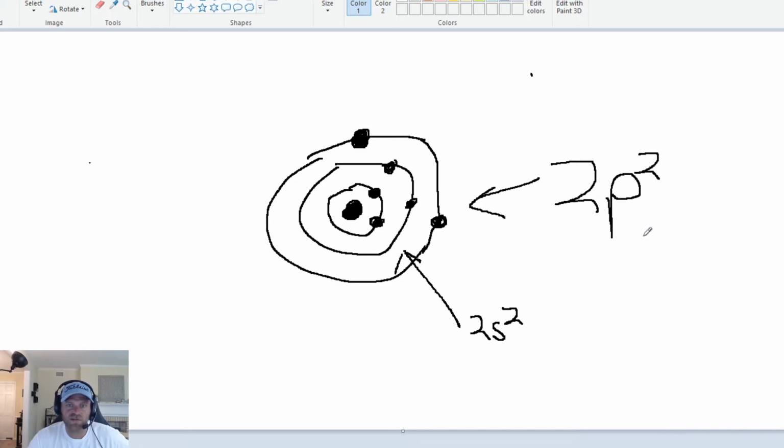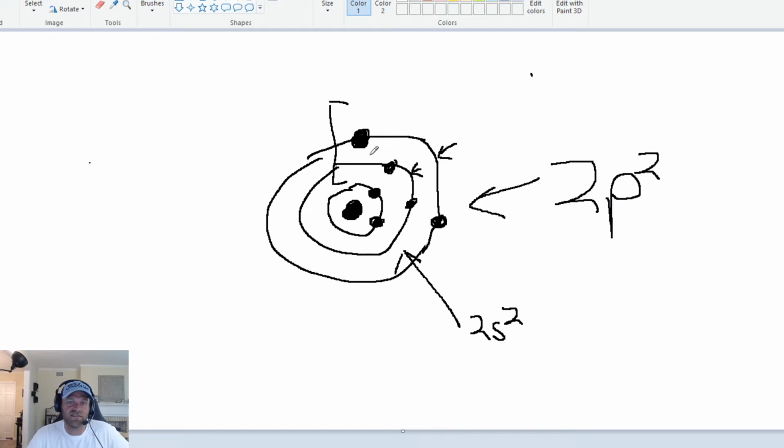2 electrons. Okay, now one of those things I was saying, the concept might be a little hard. Both of these energy shells right here are part of the second energy level. They're split up into subshells, but they would all be the valence electrons.